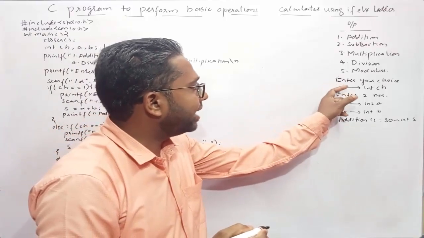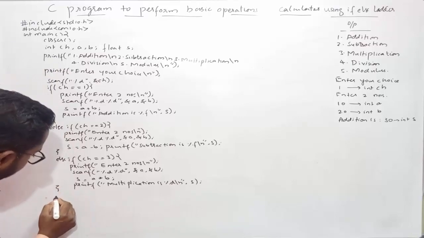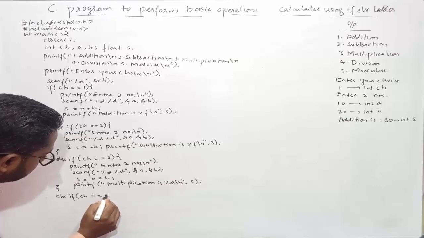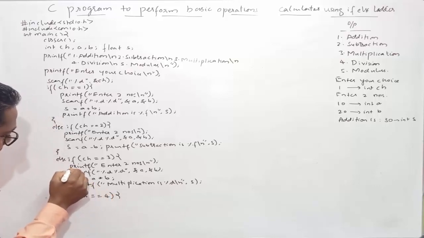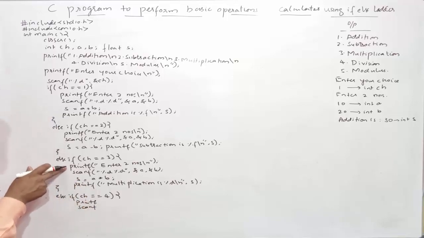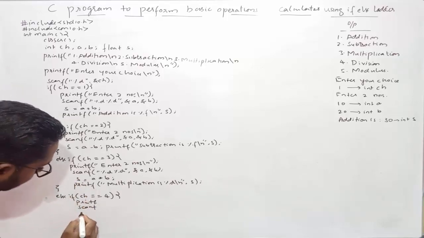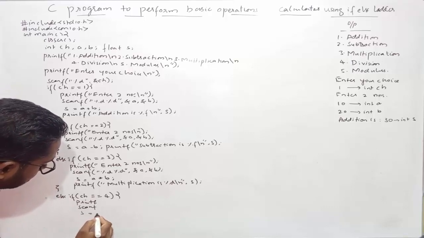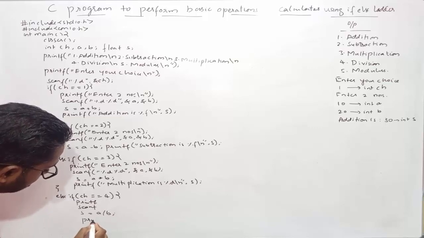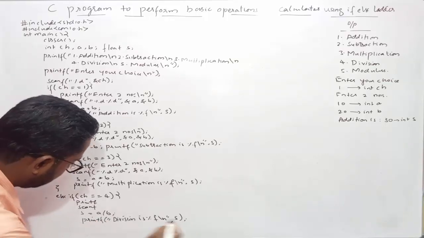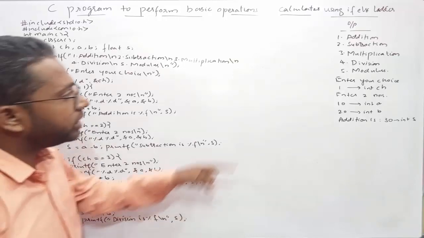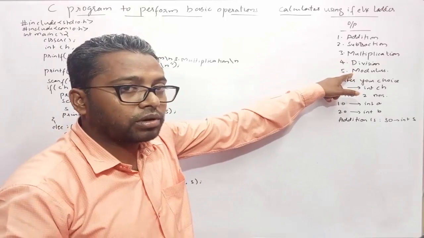If the user entered choice is 4, else if ch is equal to 4, then same printf statements and scanf statements, these two statements should come here, and then s equals a by b, then print s, bracket closed. Next, one more else if, because we need to check for this fifth option.